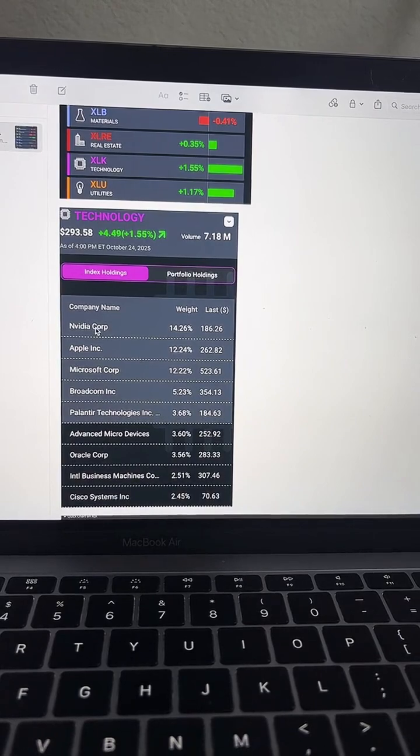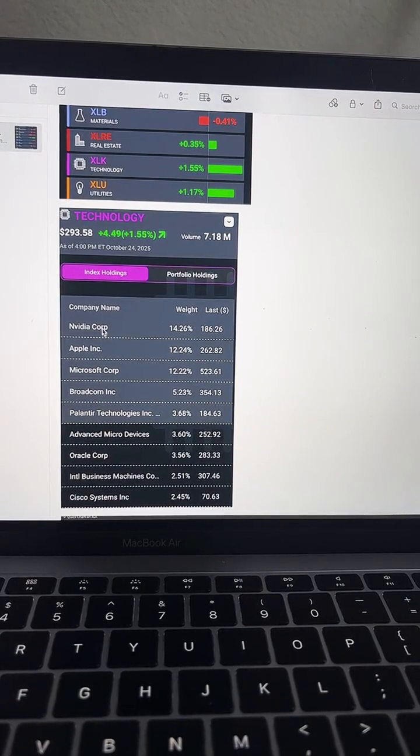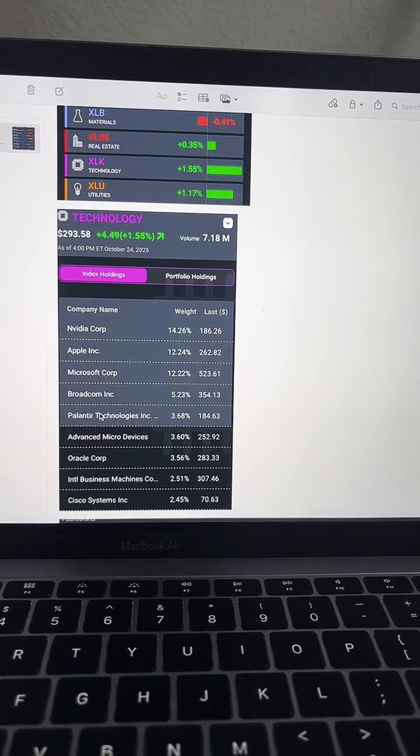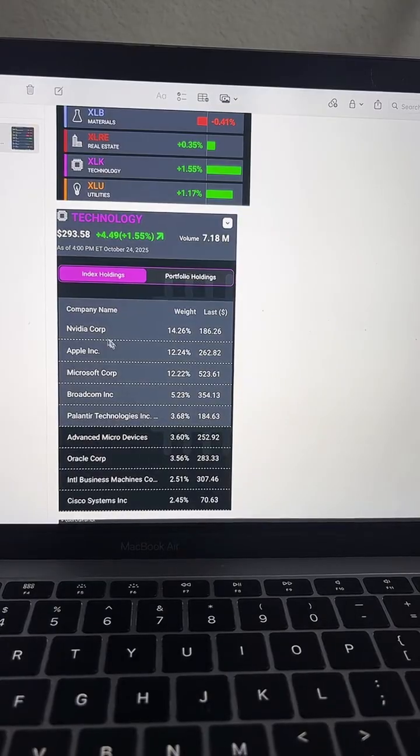You can pick, and I typically go with one of the first ones. It just depends what sector it is. I do like to trade Apple a lot in this, but I love Palantir too. And just because Palantir is down here doesn't mean anything. We all know Palantir moves a lot. For each sector, you want to have one to two stocks that you like to trade. I have go-tos like Apple and Palantir.